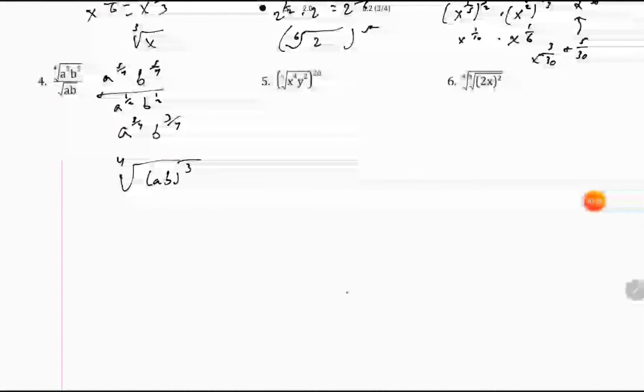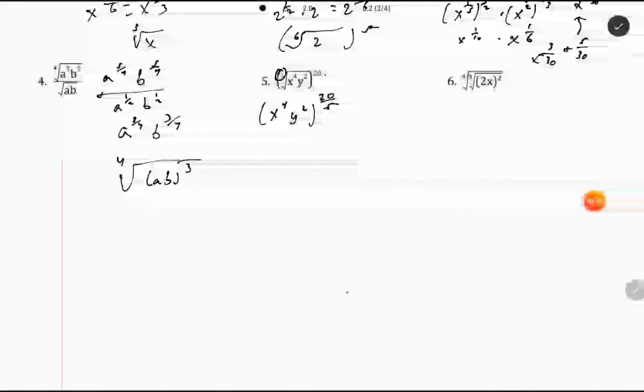Okay. So let's break this up. This is x to the 4th y squared to the 20 divided by 5. See what I did there? So this is the denominator, remember? And that's the denominator, and then that's the power, or the numerator.